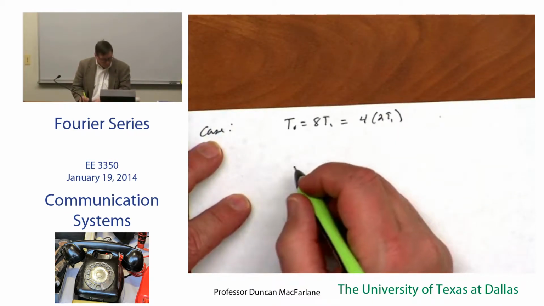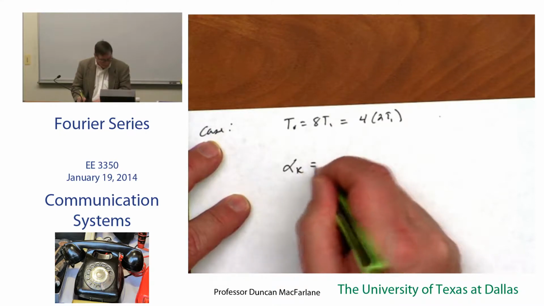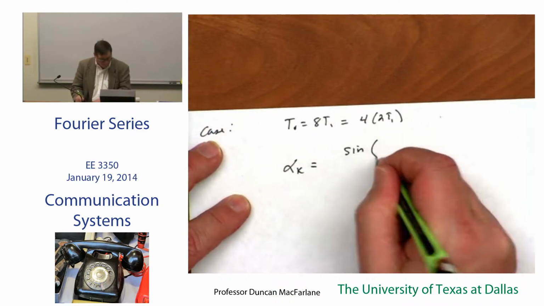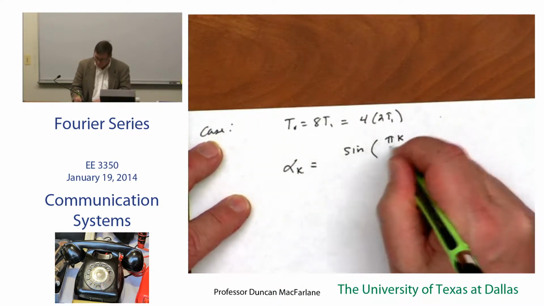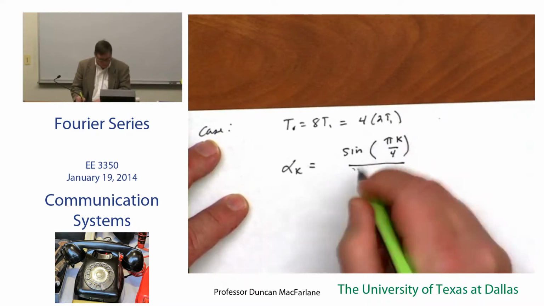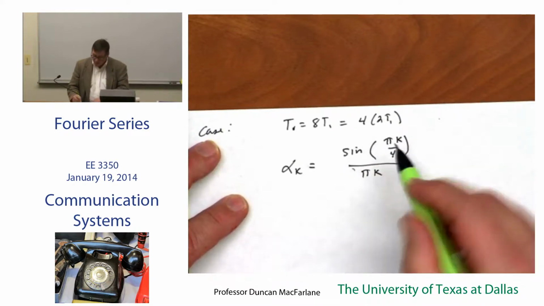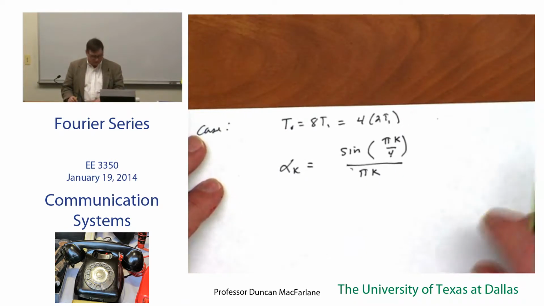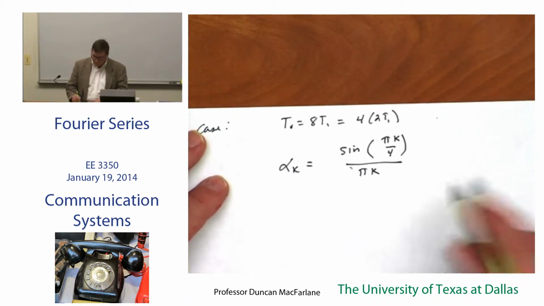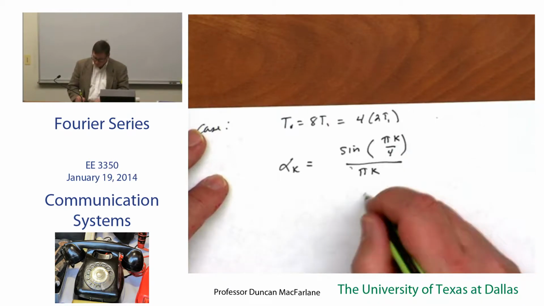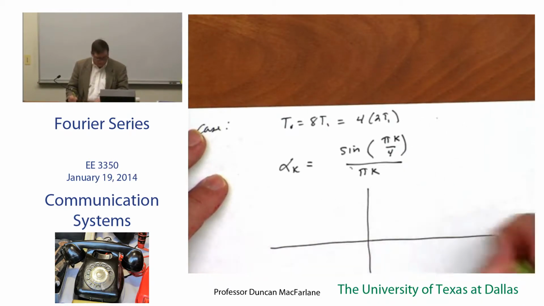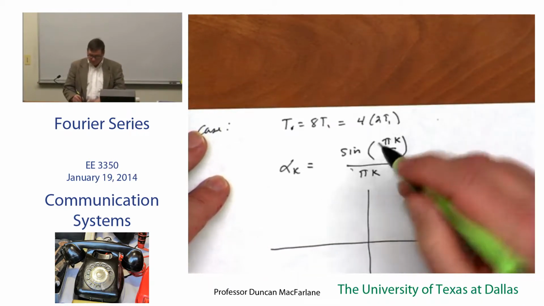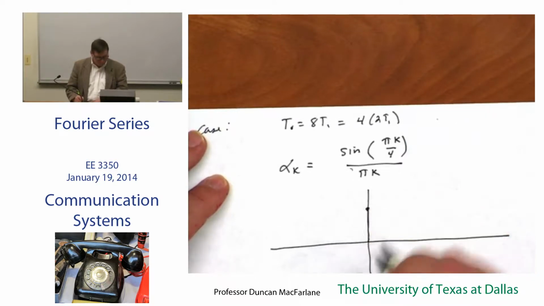So my alpha sub k's. Instead of a pi over 2, I have a pi over 4, which looks to me like a faster behavior, or rather a slower behavior. So the sine of 0 over 0 is still 1.